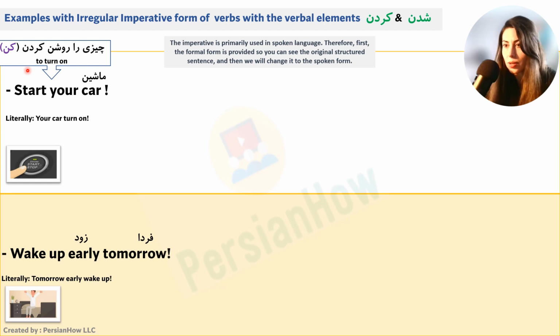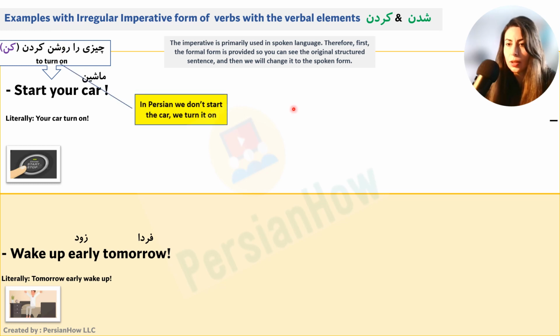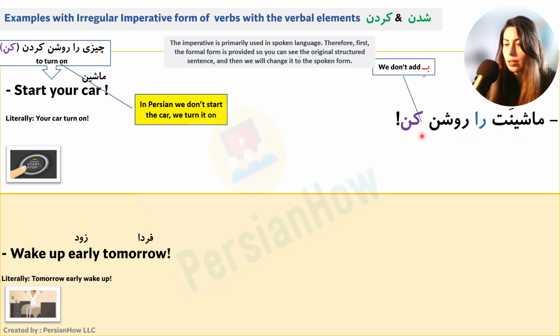We turn on something. So something would be your car, which is specific, which has a possessive your. So it will trigger را. چیزی را روشن کردن. ماشینت را روشن کن. So as you can see here, there is no be attached to the present stem, to the verbal part.